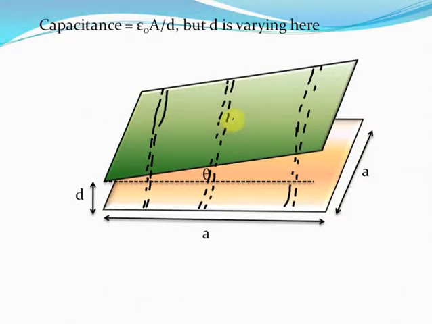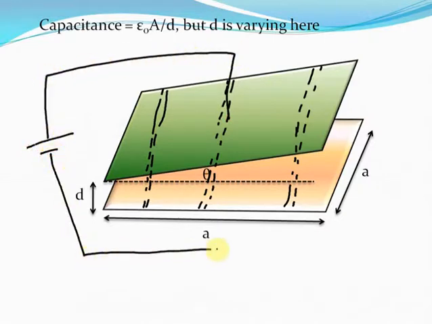Fascinating, isn't it? You see, when we connect a battery across this capacitance, we'll connect it like this, isn't it? The positive end here, the negative end here. And as you can see, for all the mini capacitances that we take throughout the length of these two plates, the net potential difference because of the battery will be the same. So we can actually replace this two plate system by this figure.